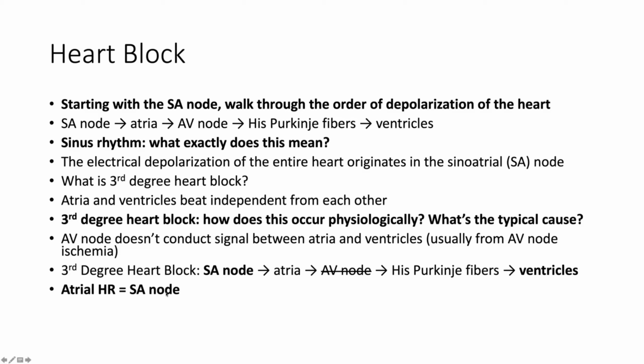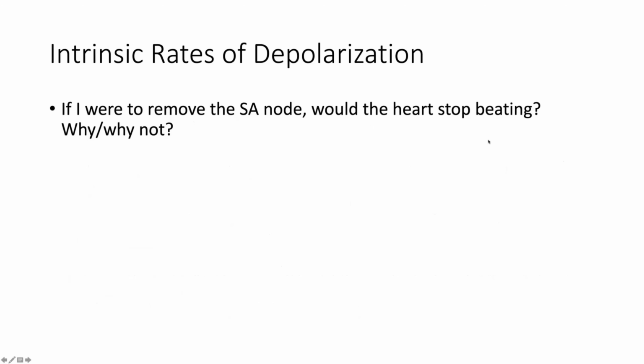Your atrial heart rate is determined by the SA node, and the ventricular heart rate is going to be set by the ventricular intrinsic pacemakers, which are a lot slower. Deb, can you tell us, if I were to remove the SA node, would the heart stop beating? Why or why not?